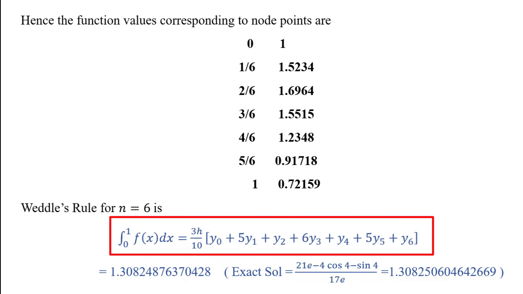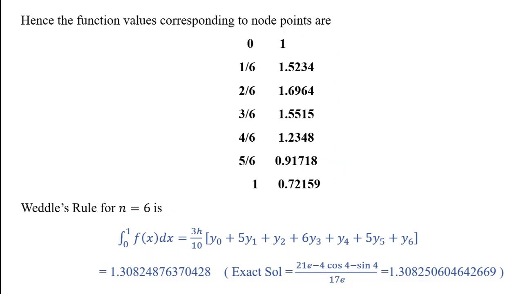3h over 10 times y0 plus 5y1 plus y2 plus 6y3 plus y4 plus 5y5 plus y6. So using the values of y0, y1, y2, y3, y4, y5 and y6, we get the numerical value 1.3082 4876 and so on.